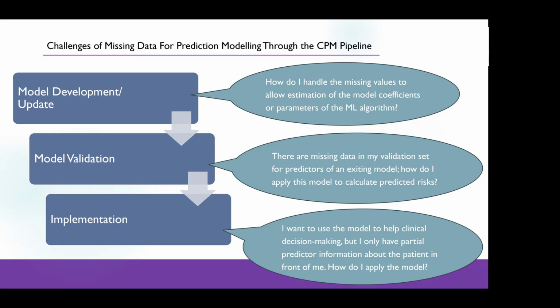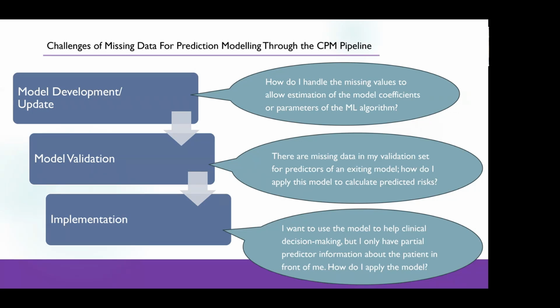There, what we may be faced with is a situation where a clinician has a patient in front of them where they know some of the predictor information about that person. The question then becomes, do I allow use of that model in the presence of that missing data, so partially informed prediction, or do I restrict myself to a situation where I need to observe all of that predictor information about that patient before I can use the model on them?